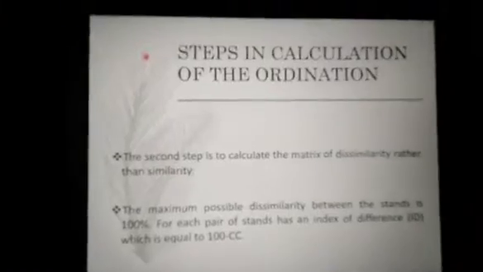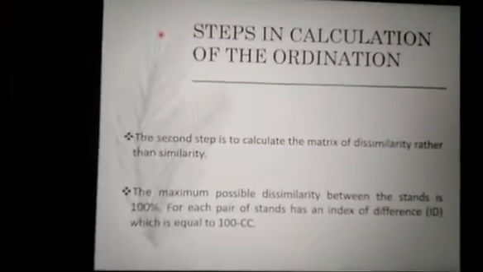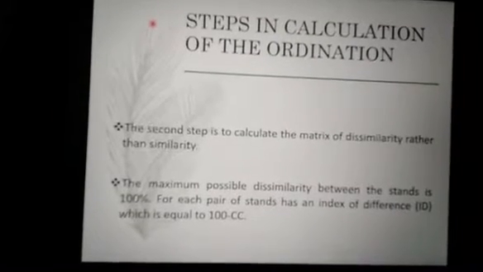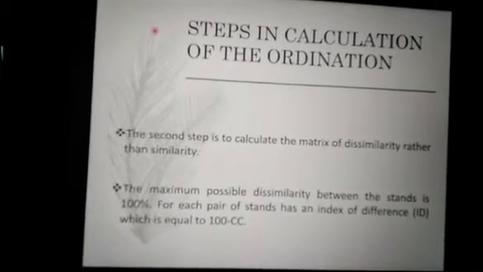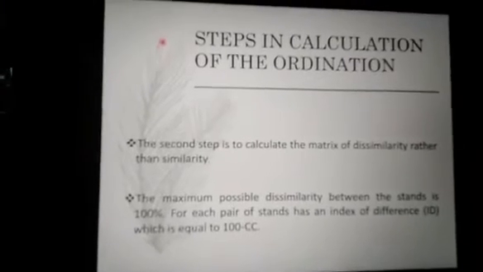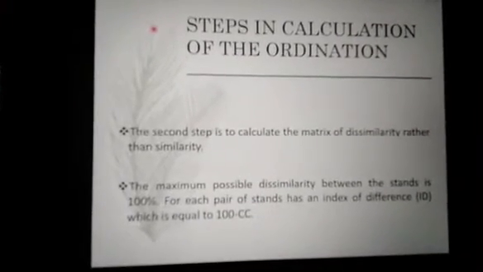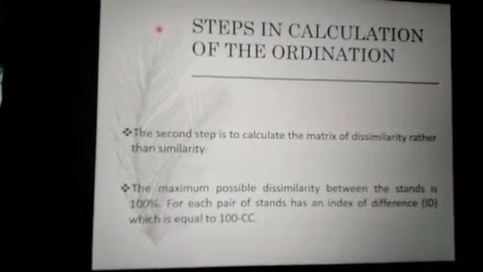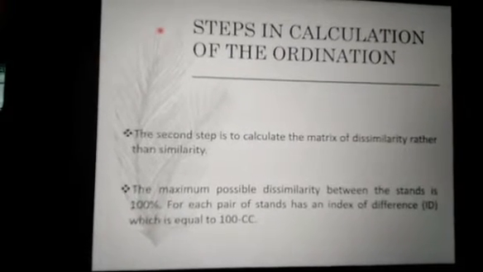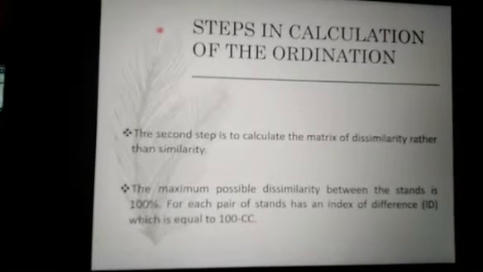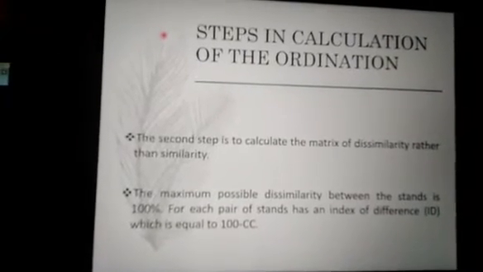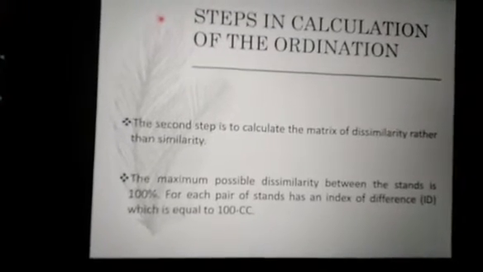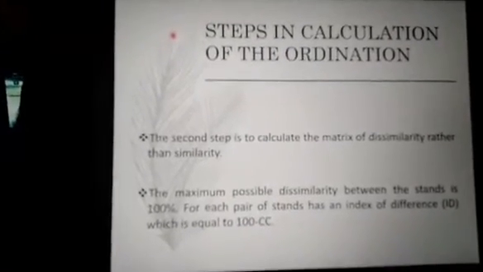So the steps in the calculation of the ordination. The second step is to calculate the matrix of dissimilarity rather than similarity. The maximum possible dissimilarity between stands is 100%. Each pair of stands has an index of difference, which is equal to 100 minus the community coefficient value.